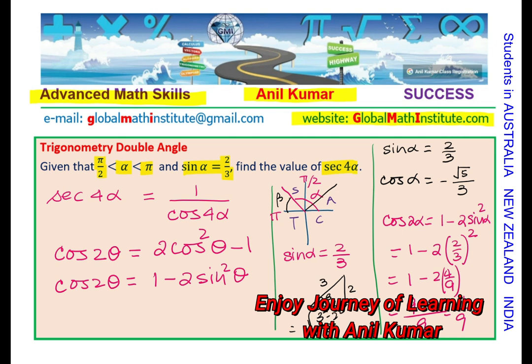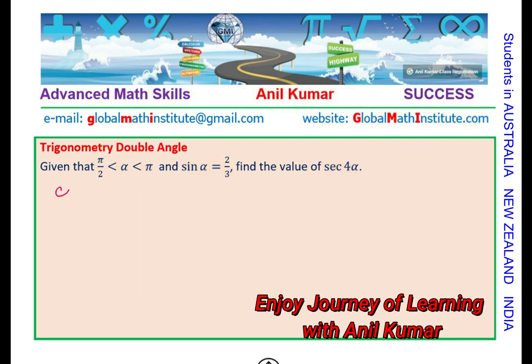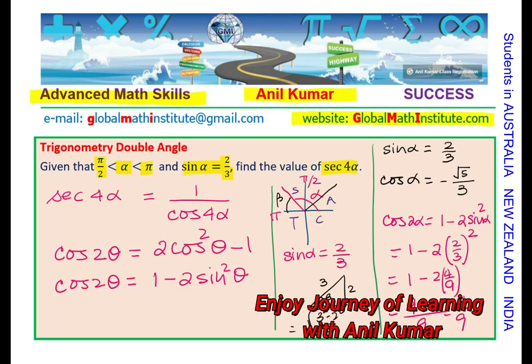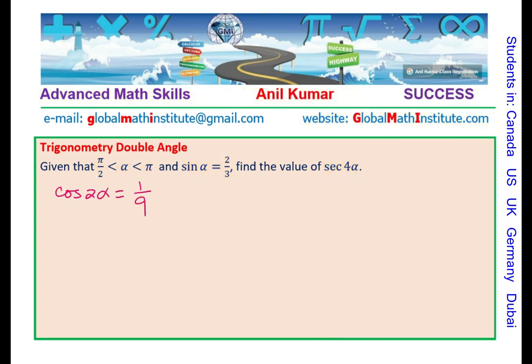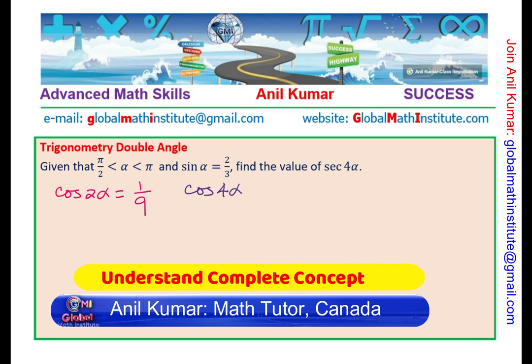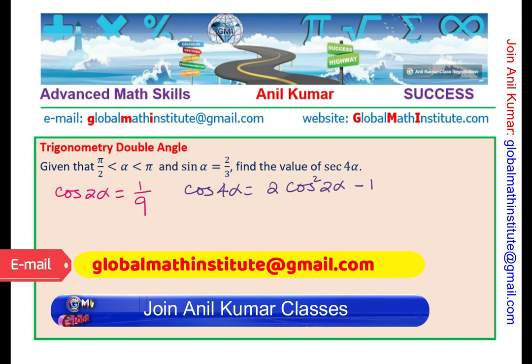Let's move on to a new page. So we know that cos 2 alpha is equal to 1 over 9, correct? We just found. Perfect. So when cos 2 alpha is 1 over 9, then what will be cos 4 alpha? This is what you need to figure out. So we can write down now cos 4 alpha should be 2 cos square 2 alpha minus 1.